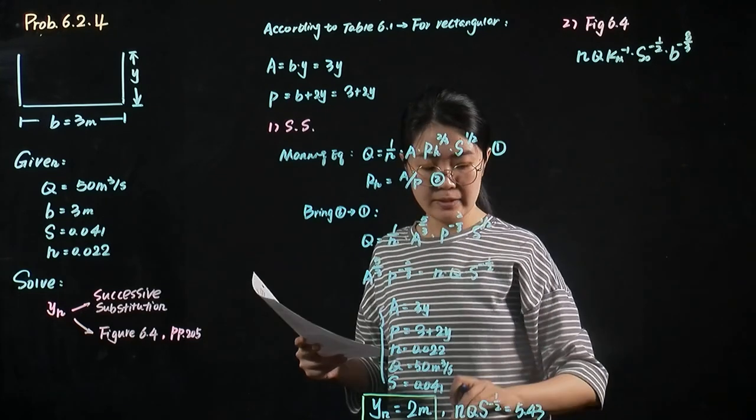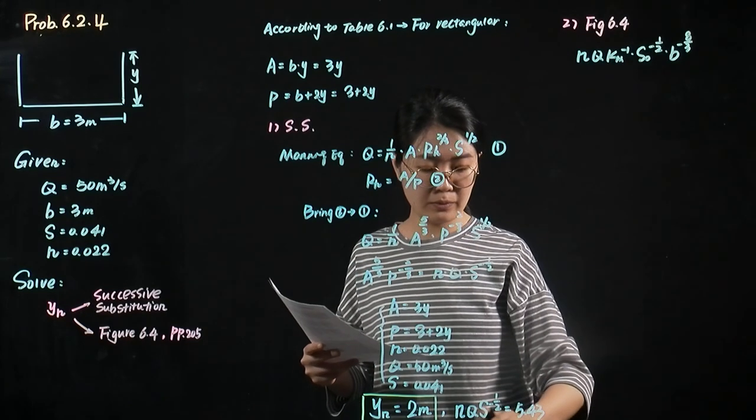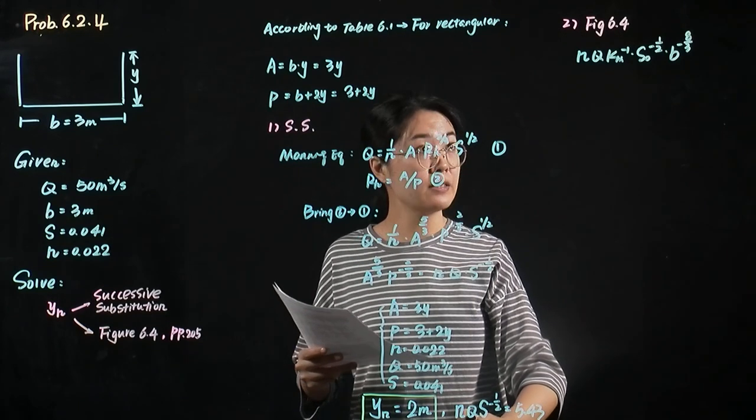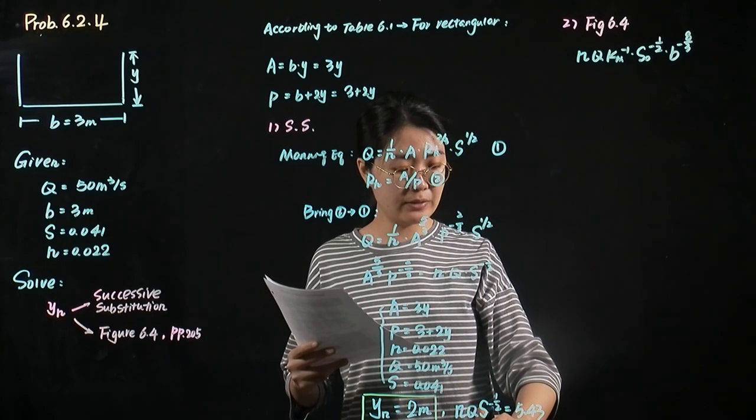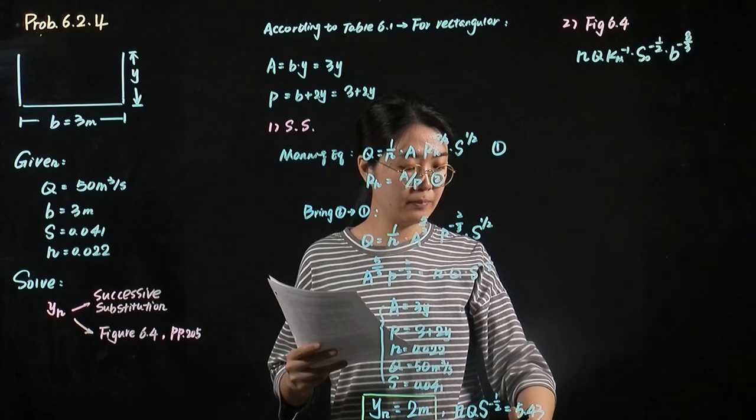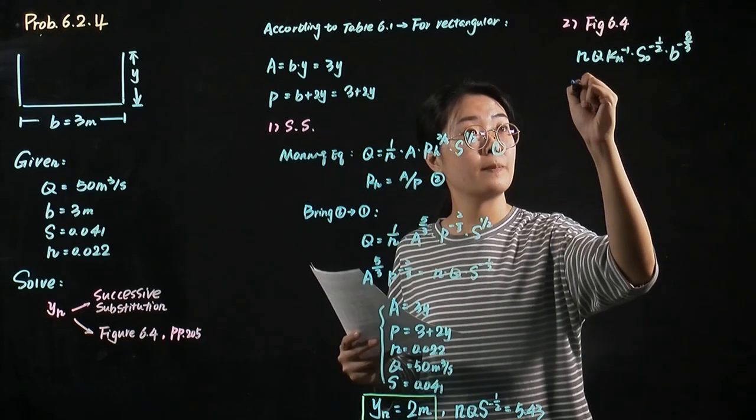Because in the previous steps we already know the value of n times Q times the slope term, it equals 5.43.